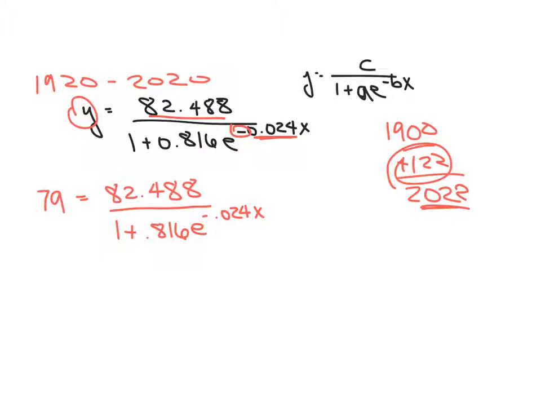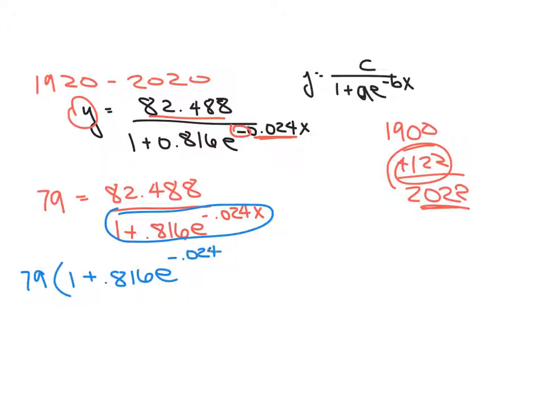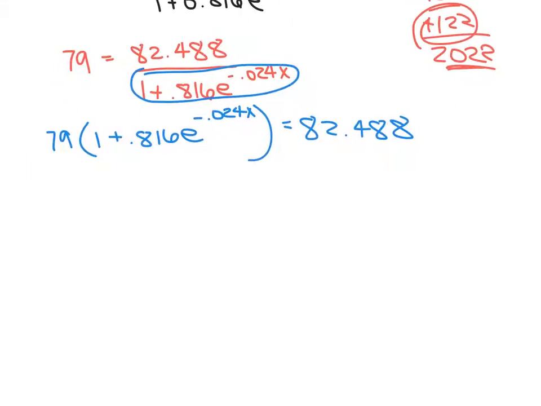We multiply both sides by the denominator and then solve for e to the negative 0.024x. So that being the case, we're going to take this, multiply both sides by this. Okay, so not much went on there. I just moved this stuff over.